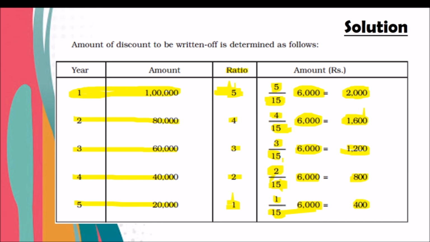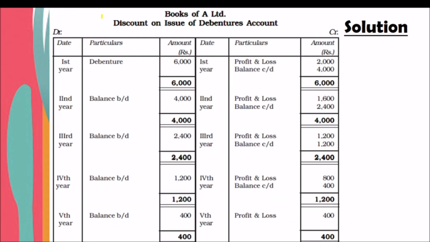Let us learn the preparation of the discount on or loss on issue of debenture account. In the first year we will write the amount of loss, 6,000. The entry will be discount or loss on issue of debenture account to debentures.